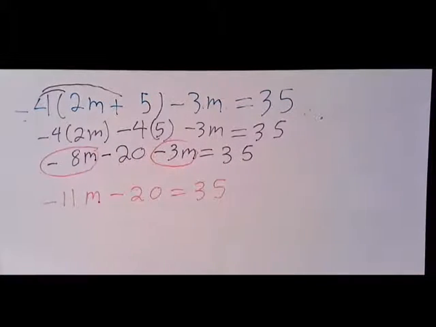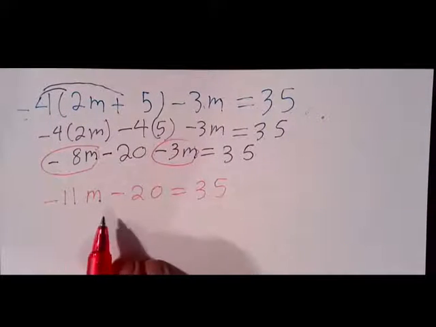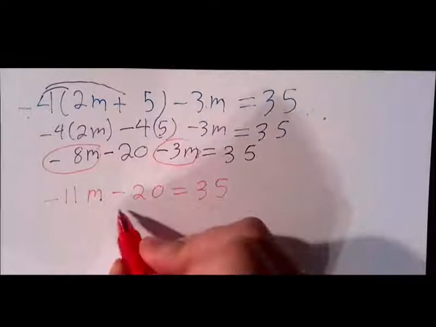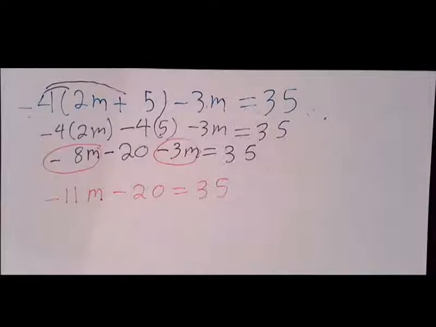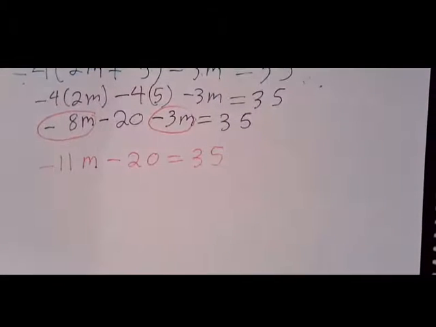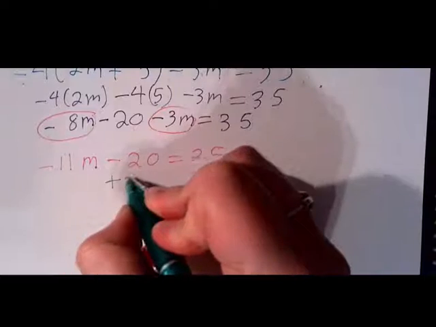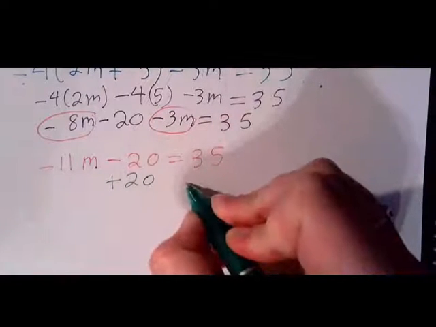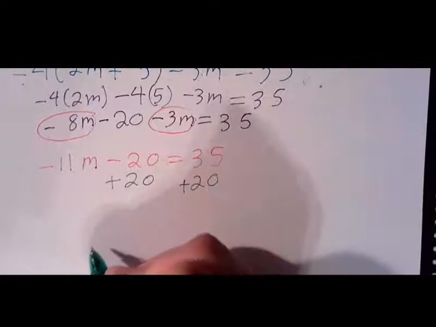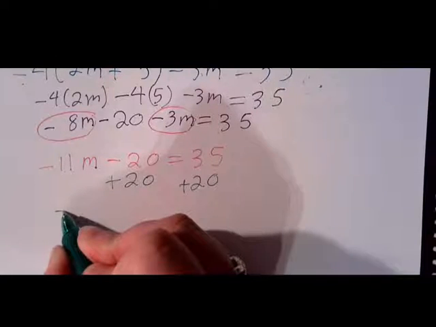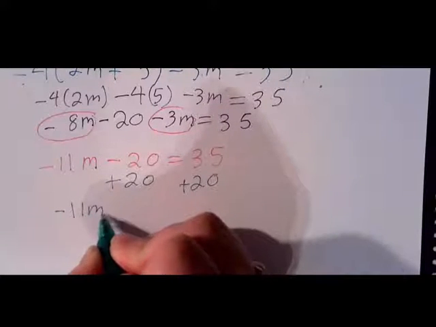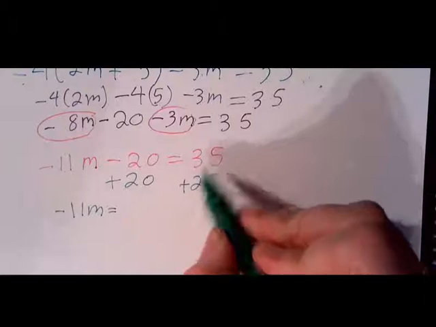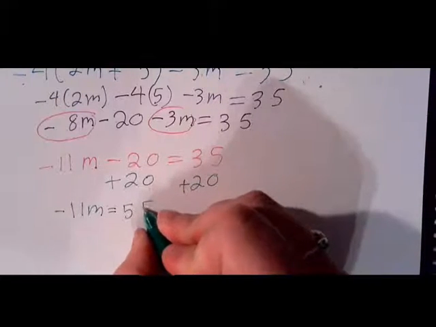So we're back to this where we have a two-step equation. Okay, so we're using inverse operations and going to add my 20 to both sides. So we get negative 11m is equal to 55.